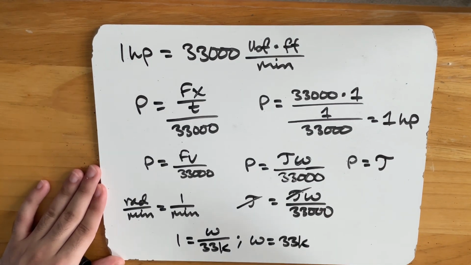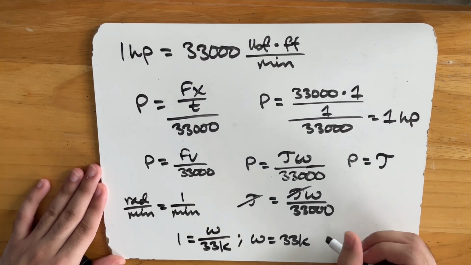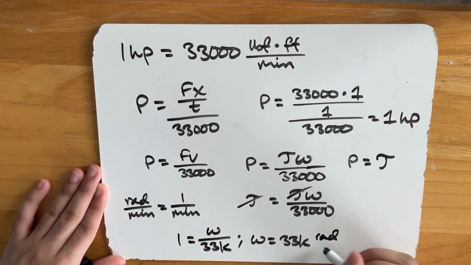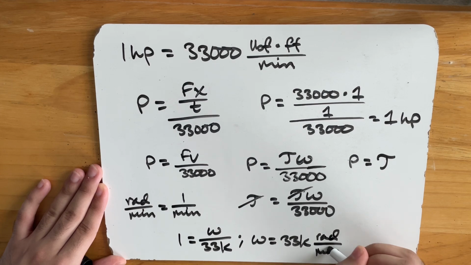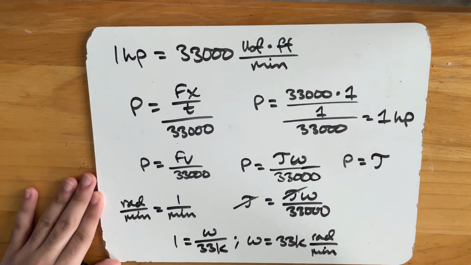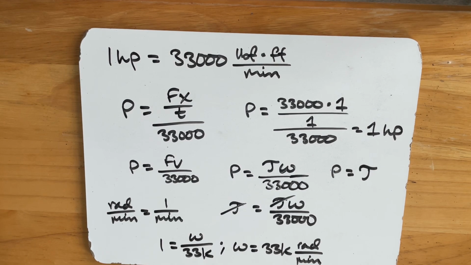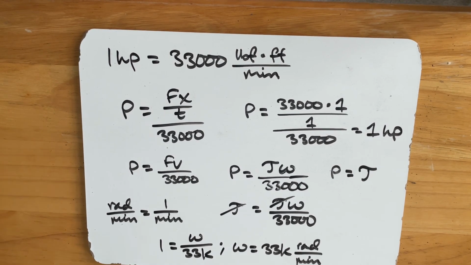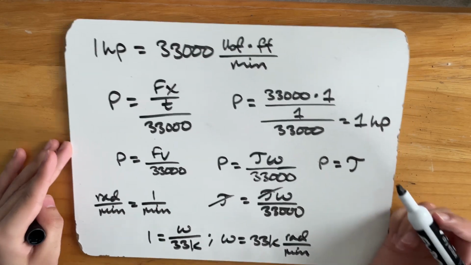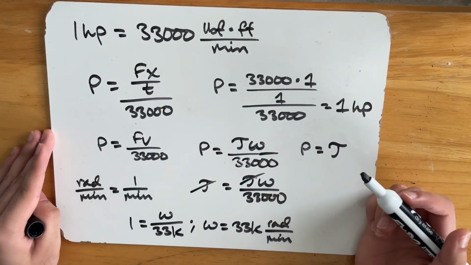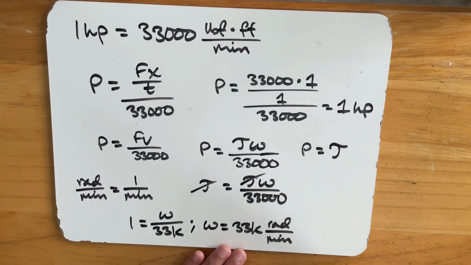That doesn't look like 5252. That's because this is in radians per minute. We need to convert radians per minute into something we actually use, because no one actually uses radians per minute. We all use RPM when we're talking about dynos. So we're going to do a little dimensional analysis.